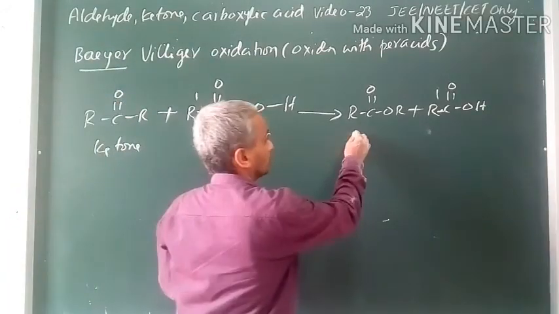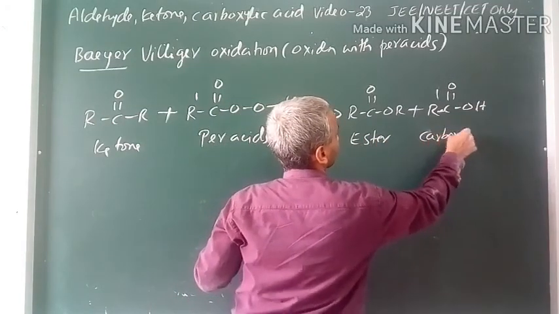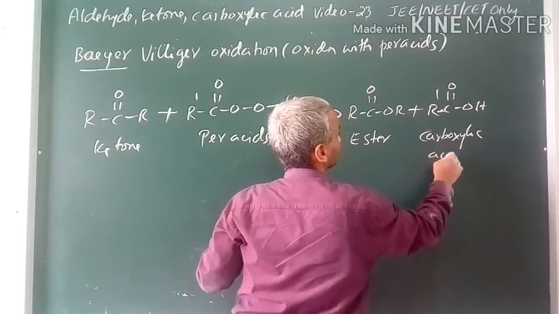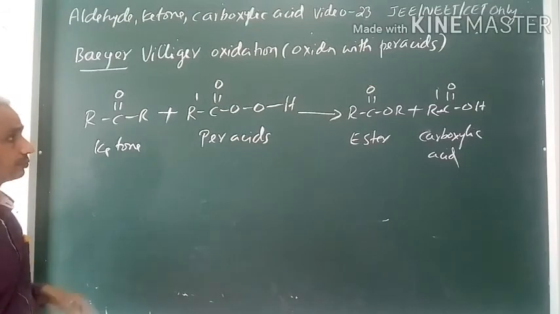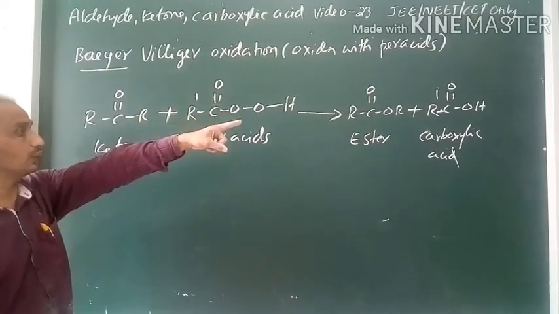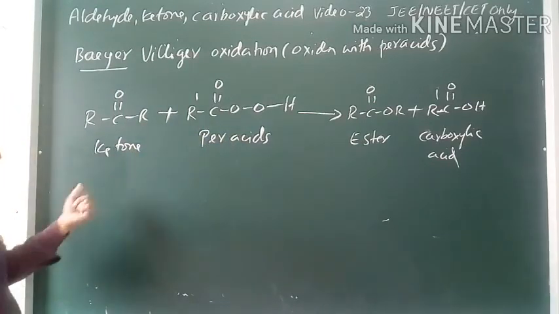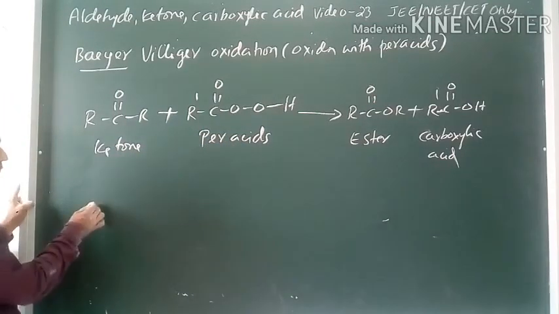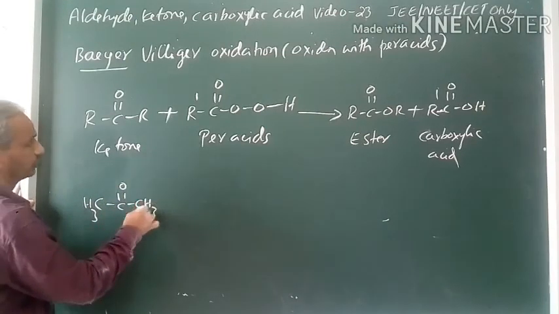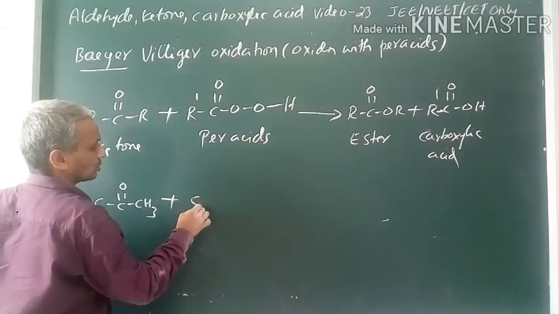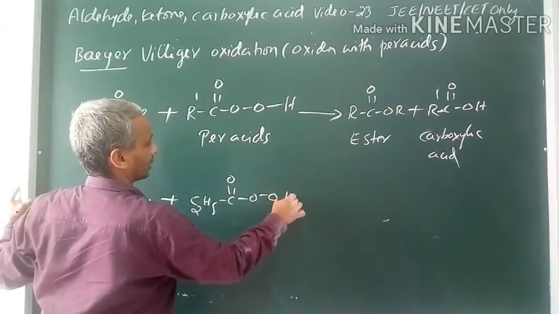I am going to get an ester along with a carboxylic acid. This is Baeyer-Villiger oxidation. CH3COCH3 plus C2H5COOH.